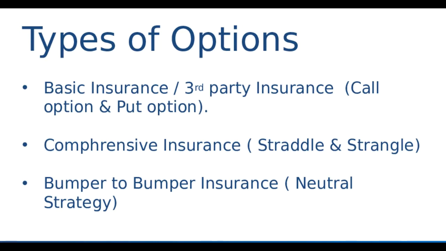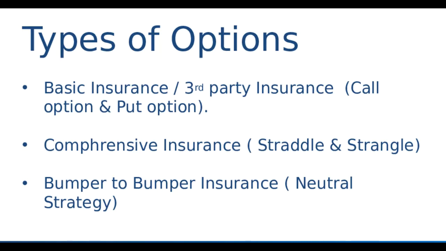There are a lot of strategies. I'll not be able to cover all of them. I'm just trying to make it very, very simple so that you can understand what exactly options are and how you can use options for your benefit. The next type of insurance is comprehensive insurance.